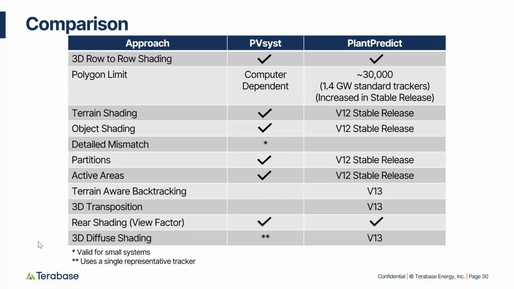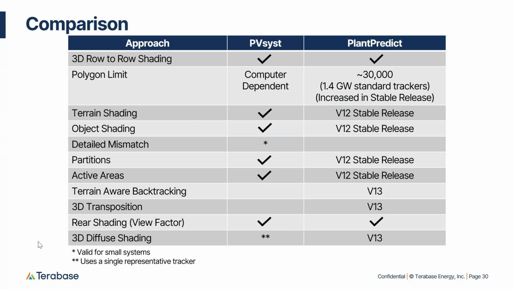And then this is kind of like a roadmap slide of where PVSyst is at and where we're going to get to once we release v12 as stable. Currently we both have 3D rotor-row shading. The polygon limit for PVSyst depends on what laptop you're using.